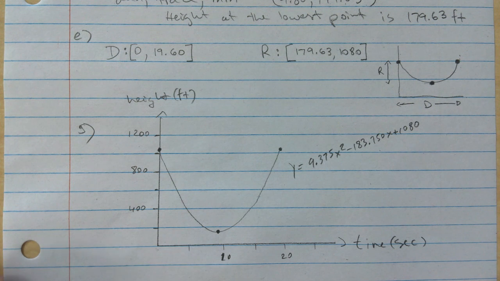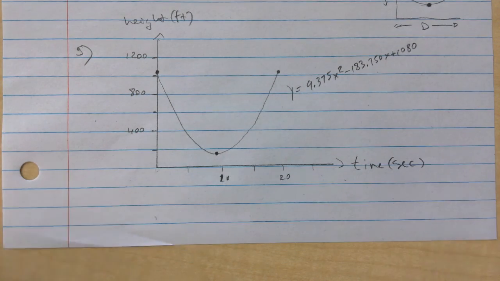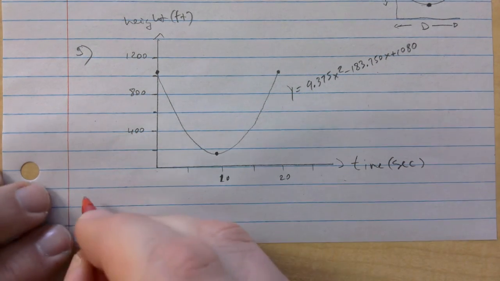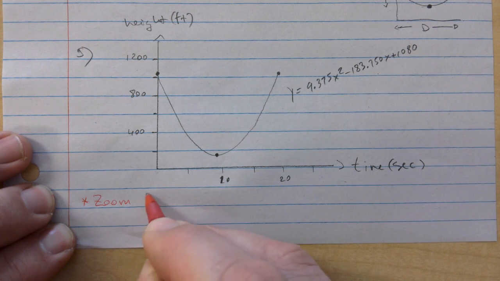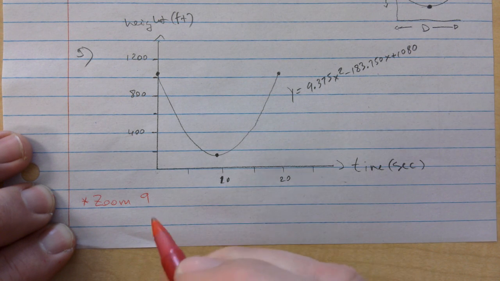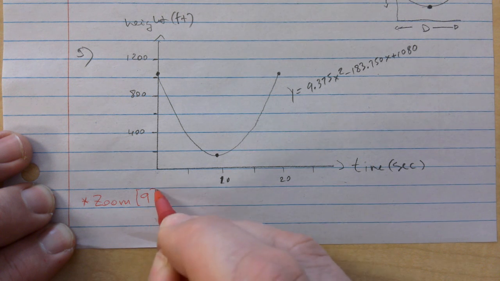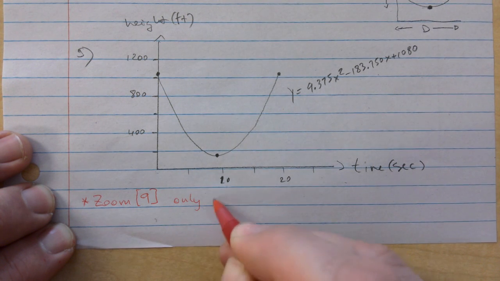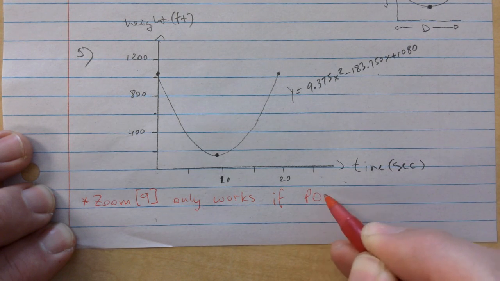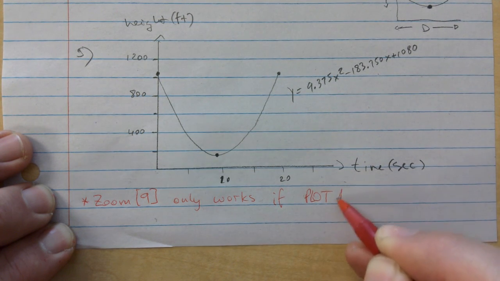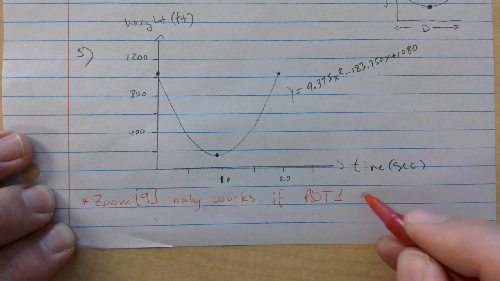And I think what I'm going to add here, I don't know where else to put it really, maybe on the study sheet: Zoom 9 only works if Plot 1 is on.